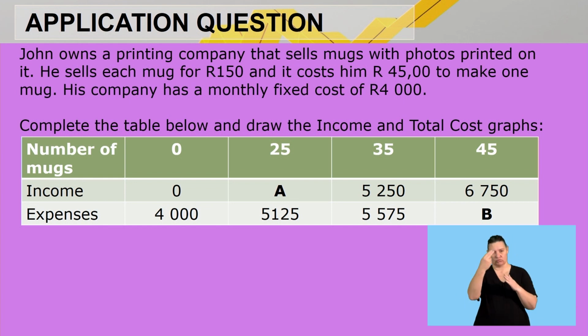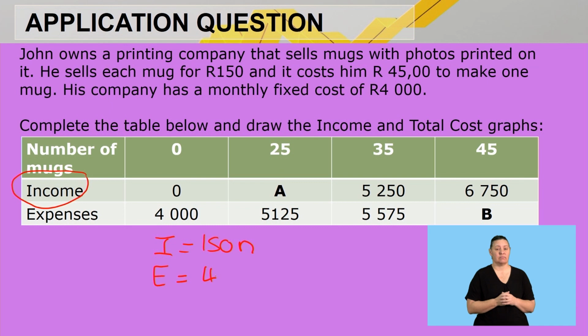So the first line, they give us the income. Now remember, our income formula was 150 times the number of mugs. Our expenses is 4,000 plus 45 N. That is the two equations that we will be using.